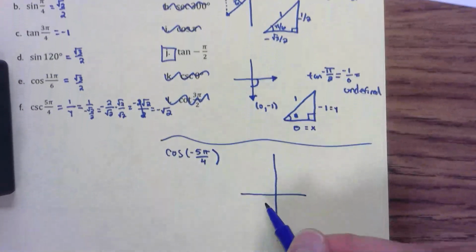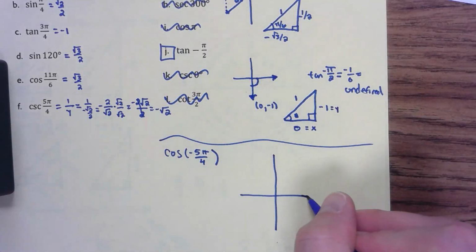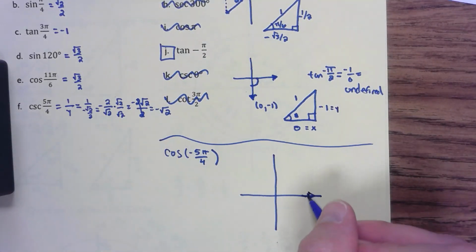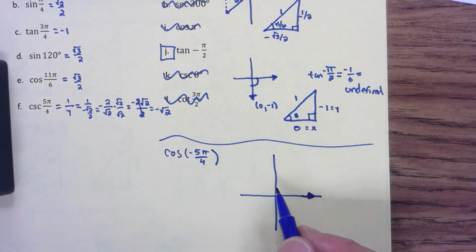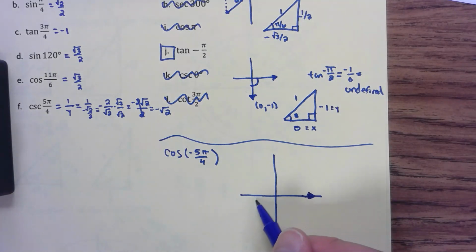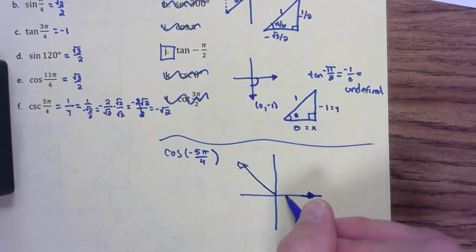That positive 5 pi over 4 would put you into quadrant 3. But remember, this negative angle means that I need to rotate in a clockwise direction. So I can still use the positive rotation and figure out where that brings me. 5 pi over 4 is about a pi rotation, an extra fourth. So I'm going to do that same thing just in the opposite direction. That actually brings me into quadrant 2.